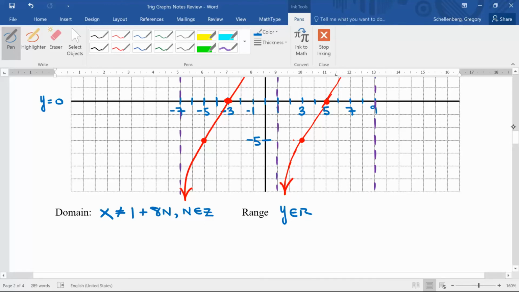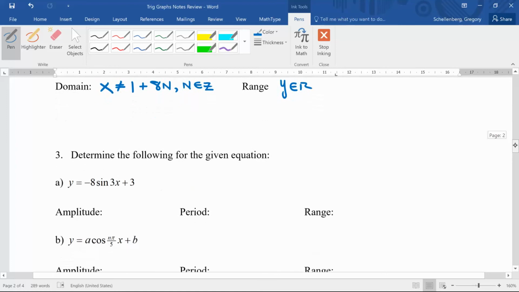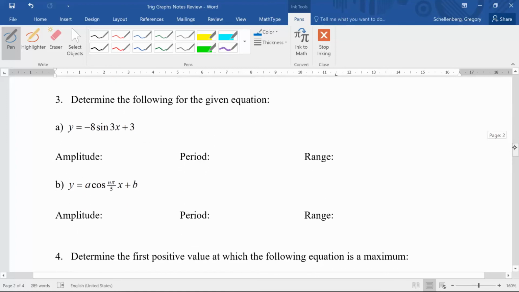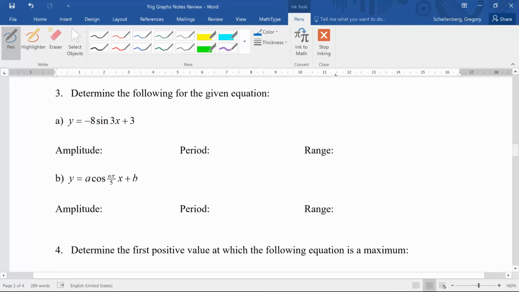All right, moving on. So determine the following for the given equation. So we've got y equals -8 sine of 3x plus 3. Okay, so our amplitude here, we think about that as being the absolute value of whatever a is.